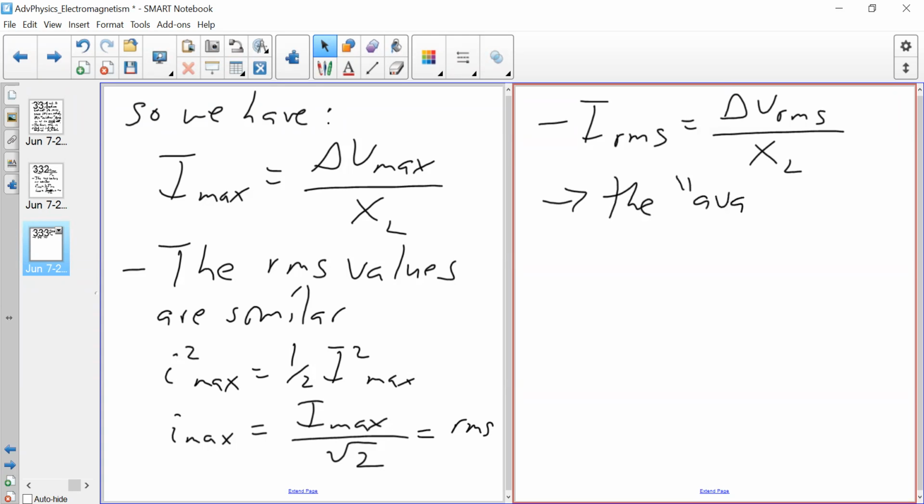This can be termed the average value. It's half of the I max current. So you could say it's like an average value.